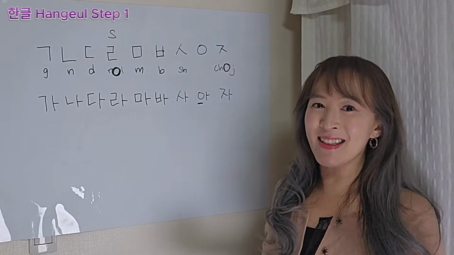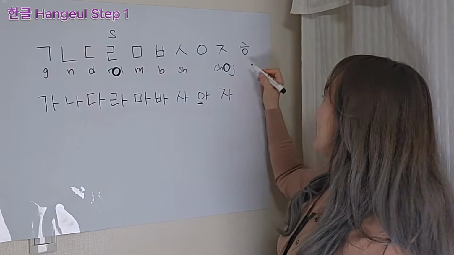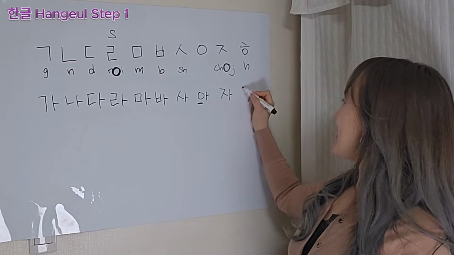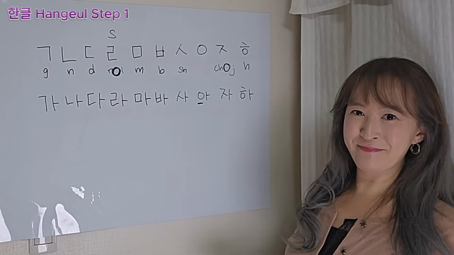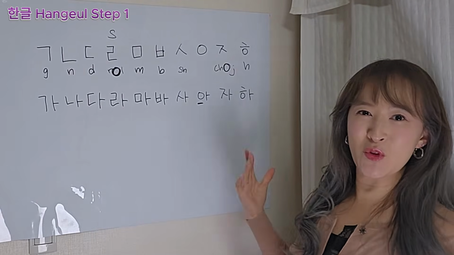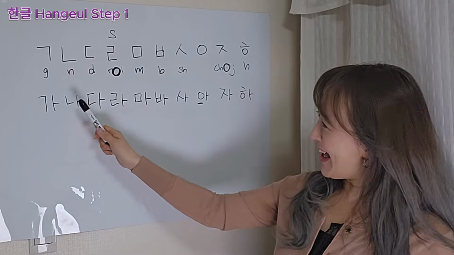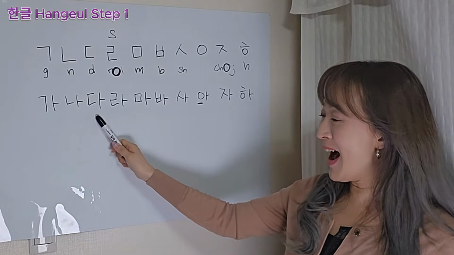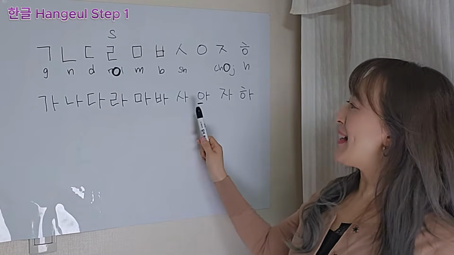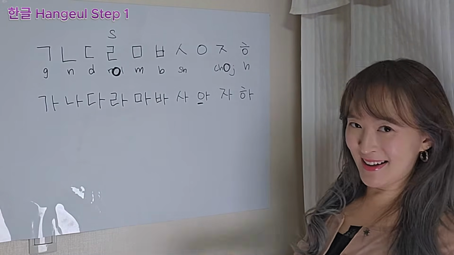And finally, the last one we have is this one, the H sound. Hit, to make ha. Ha, right? So let's just read them through and see if you remember. Ka, na, ta, ra, ma, pa, sa, a, ta, ha.